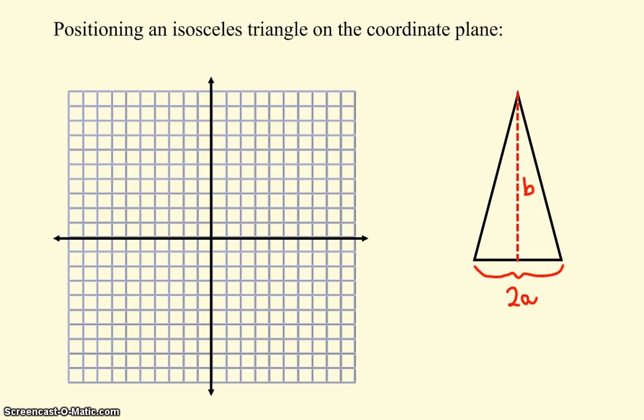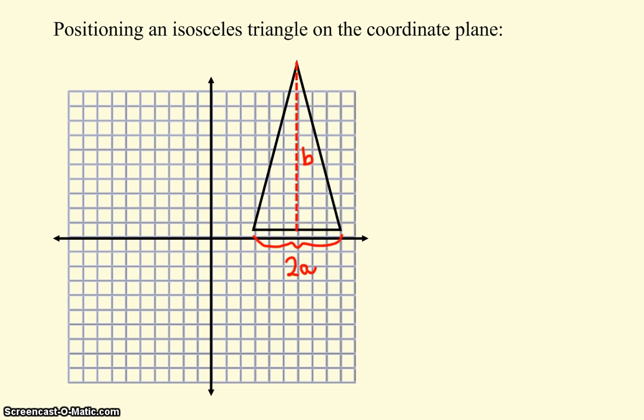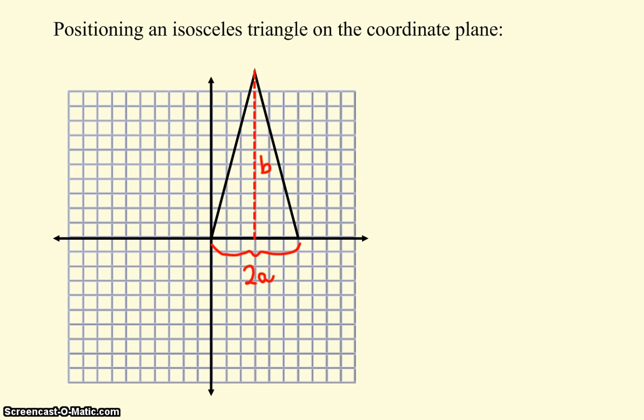The first thing we need to be able to do is position a triangle on the plane. So I've chosen an isosceles triangle. The length of the base is 2a, and the length of the height from the bottom of the isosceles triangle to the top vertex, or the vertex angle, has length b. I'm going to use the first technique, which is to place the vertex on the origin.